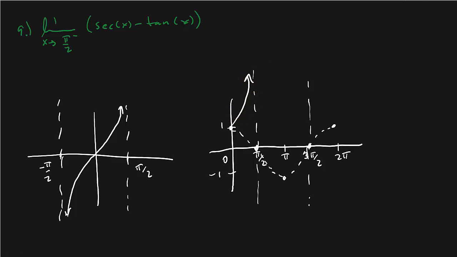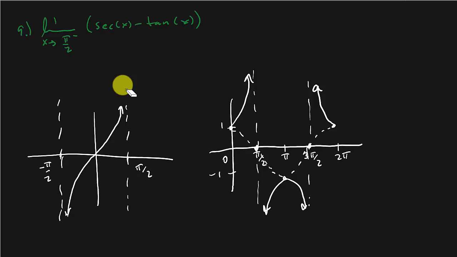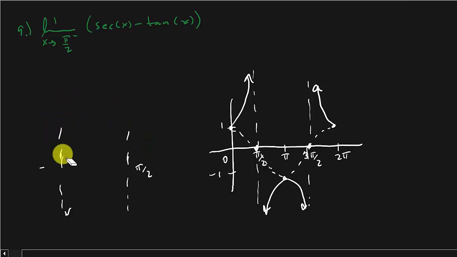So we sketch in cosine. There it is. And as we come into pi over 2 from the left-hand side, secant is going to infinity also. See that? So we've got infinity minus infinity, which we know by now is not necessarily 0. I mean, it could be, but we can't say it's 0 because of that.